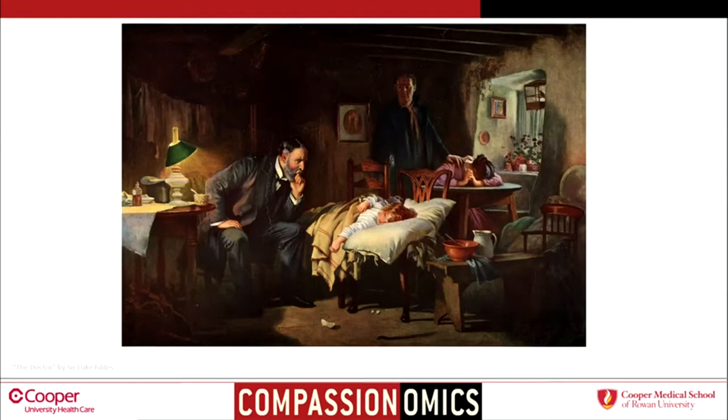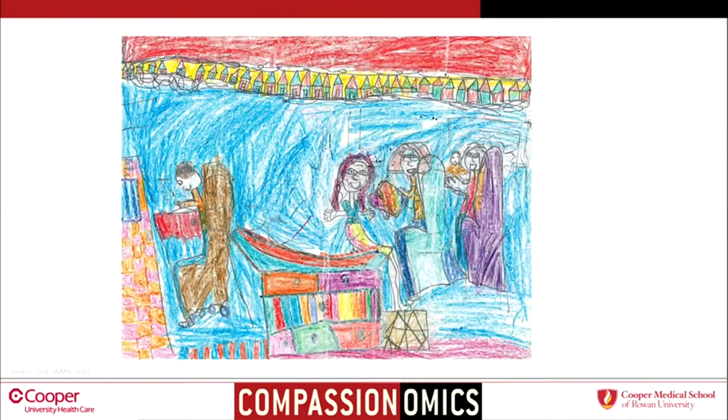who is under his care. I'm going to contrast that with another work of art, this one more recent, this one from 2012, and it was published in JAMA. And it was submitted by a pediatrician, and one of his patients, a 7-year-old girl, drew this piece of art for him. And it depicts a scene in the physician's office.